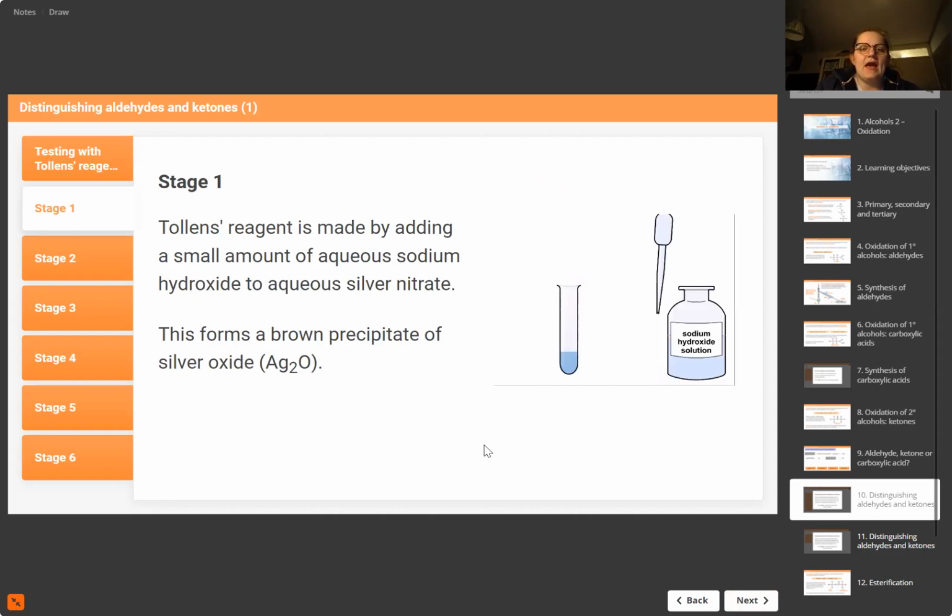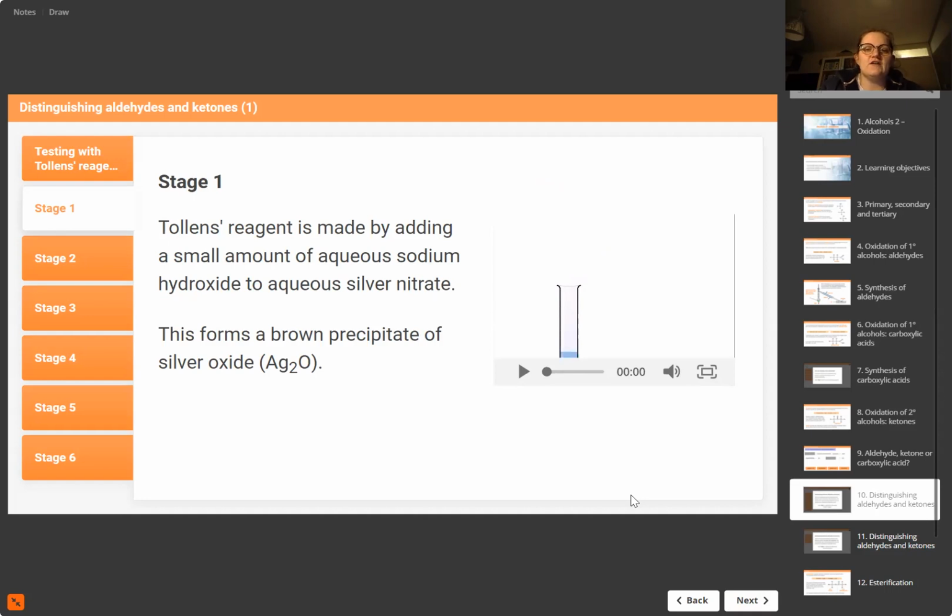We make it by adding a small amount of aqueous sodium hydroxide solution to our test tube, which already has silver nitrate in it, and this forms a brown precipitate of silver oxide.